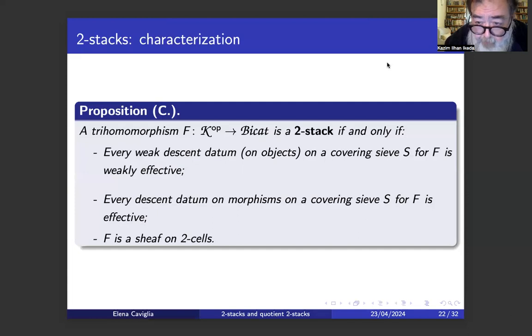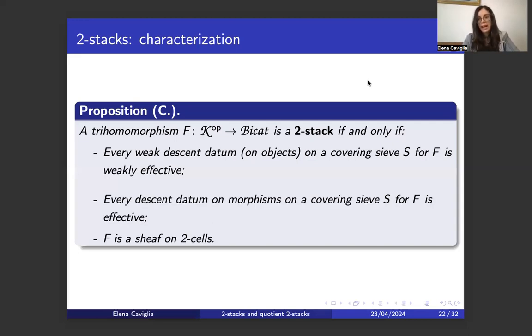For example, when we define the affine scheme, we consider the sheaf of rings kind of thing. So is there some higher dimensional version? Yes, so a stack is a higher dimensional version of a sheaf.